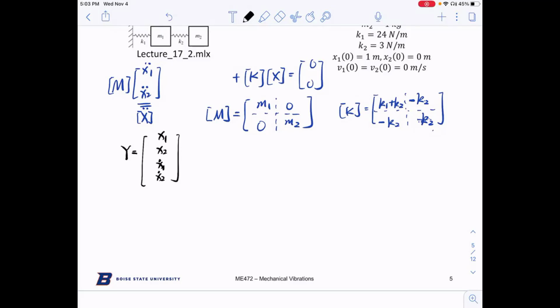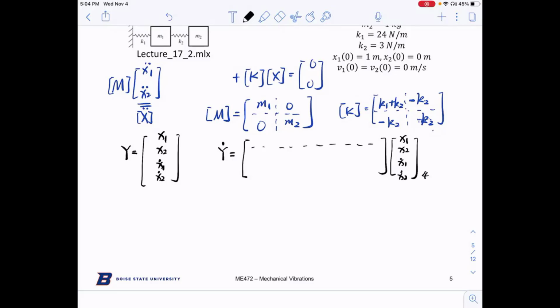Again, the order of these variables is arbitrary. Putting them in this format is actually more convenient in calculation. That's why we can write out your y dot. We want to describe y dot using y. Your y is x1, x2, x1 dot and x2 dot.